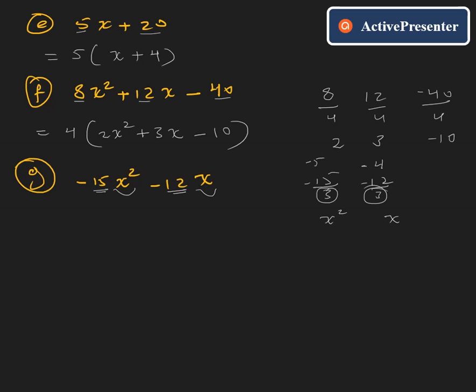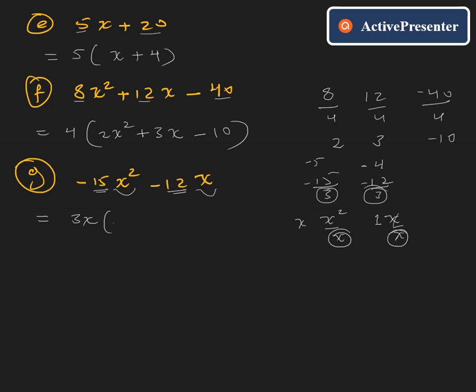What about x squared and x? If we divide here by x and here by x, okay, here we will be left by x, and here we will be left by 1, okay. So x is the greatest that divide them all. So our greatest common factor is 3x.